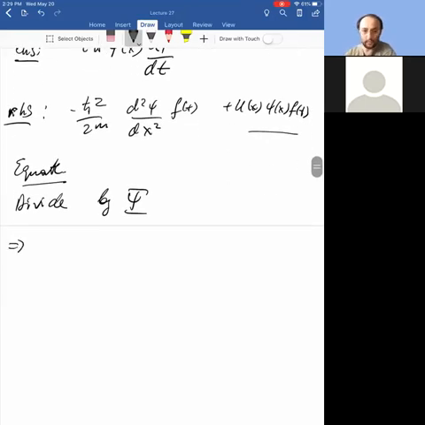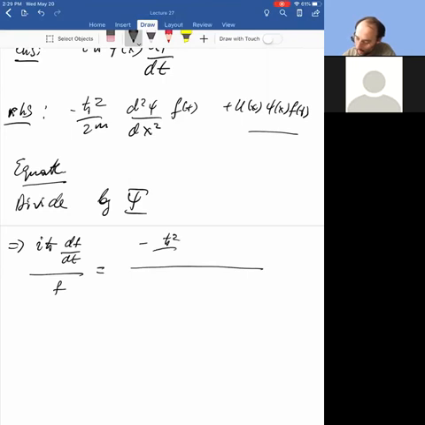When we do that, we get the following: i h bar df dt divided by f equals minus h bar squared over 2m d squared psi dx squared plus U of x times psi of x.